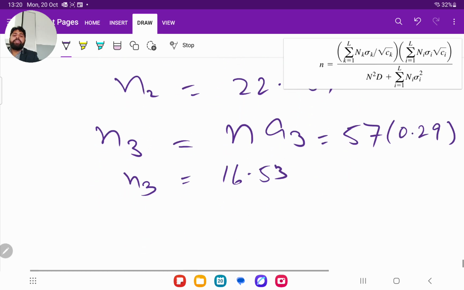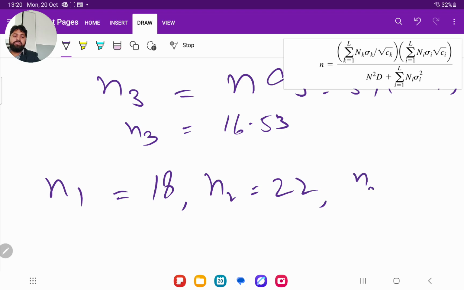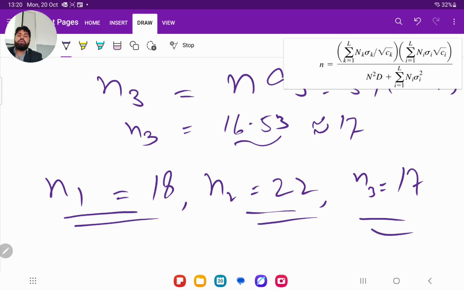Okay. So now you have obtained your allocations: n1 is almost 18, n2 is almost 22, and n3 is almost 17, because this is 16.53, so you could say it is 17. So the meaning is that you have been given your n1, n2 and n3, because you have to collect the data from each stratum.